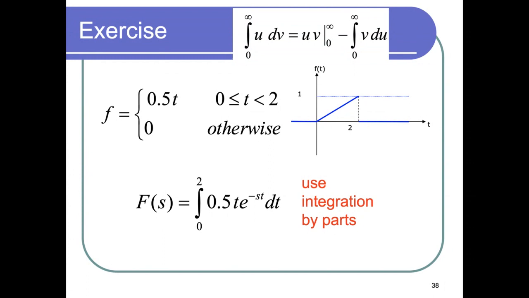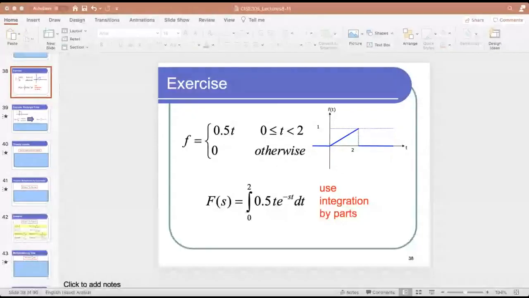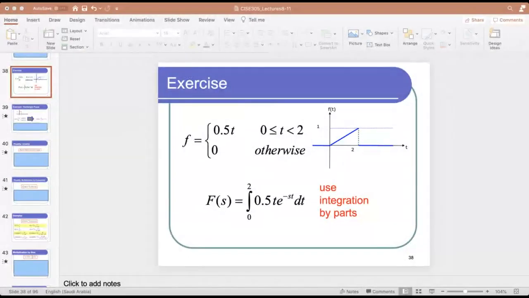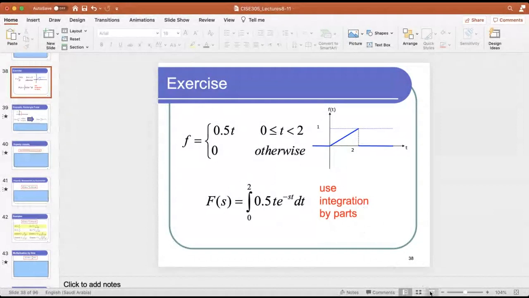Faisal, what is your answer? I got 1 over s multiplied by e to the power of minus 2s minus e to the power of minus 2s minus 1 over 2s squared. Okay.